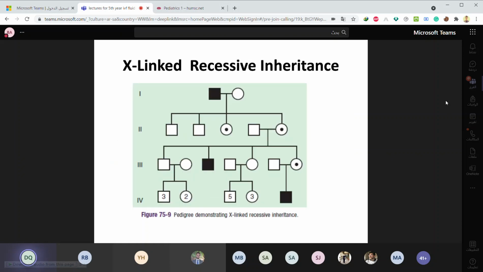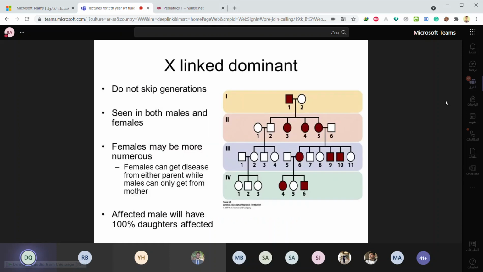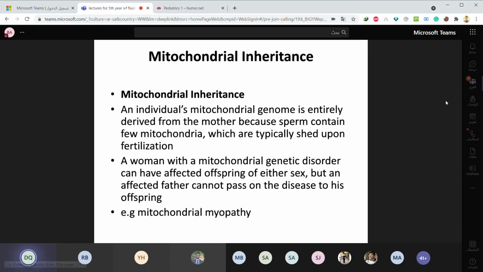X-linked recessive inheritance is X-linked and also recessive at the same degree. This is beyond your scope, don't read it, okay? And we also have X-linked dominant, don't go into it.